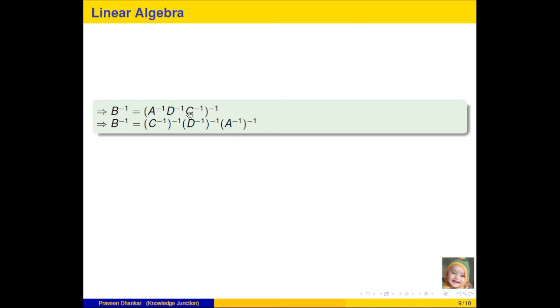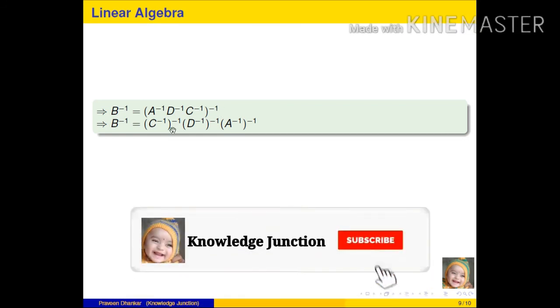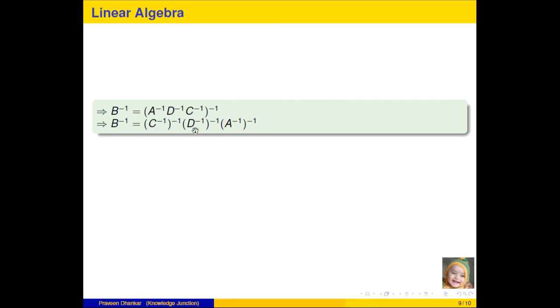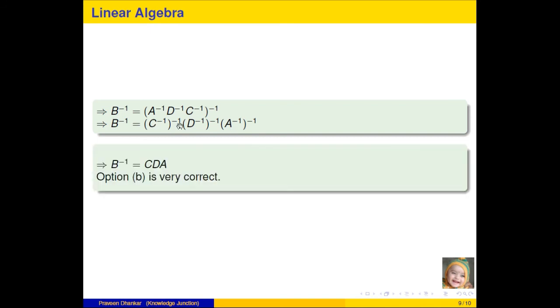The inverse comes in reverse order by the reversal law, so in the reverse way, that is the inverse of C inverse, then the inverse of D inverse, then the inverse of A inverse. So the inverse of C inverse is itself C, the inverse of D inverse is itself D, and the inverse of A inverse is itself A. So our B inverse is CDA, and option B is correct.